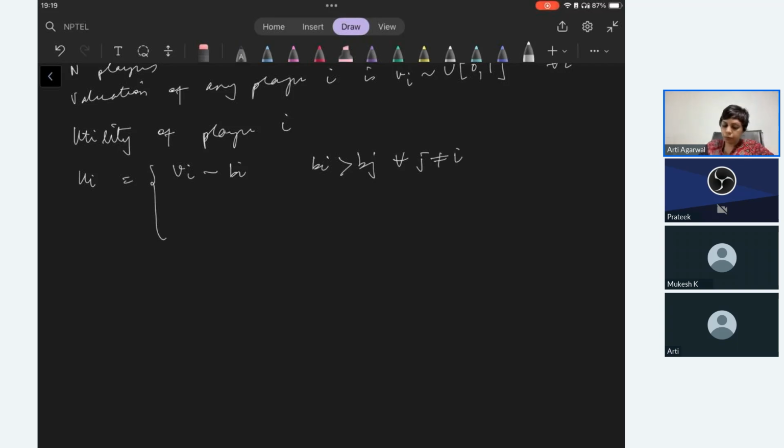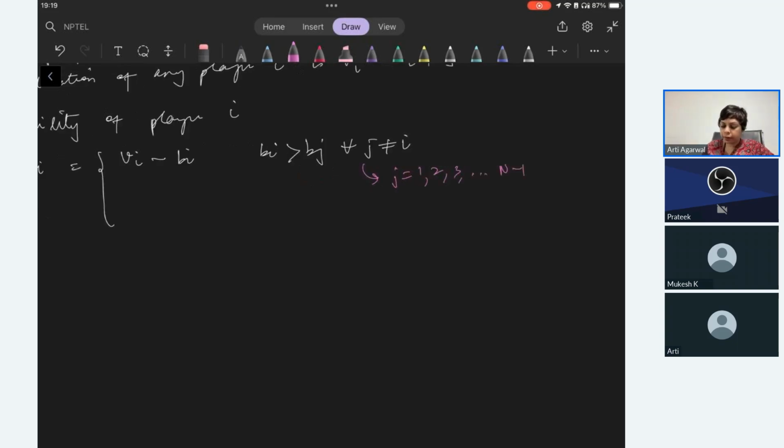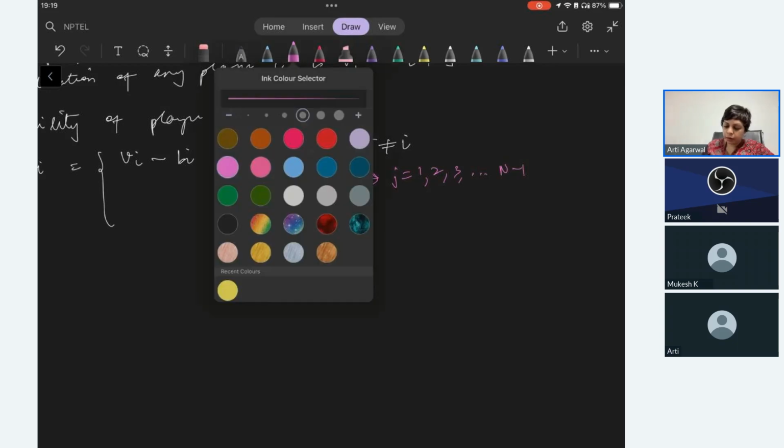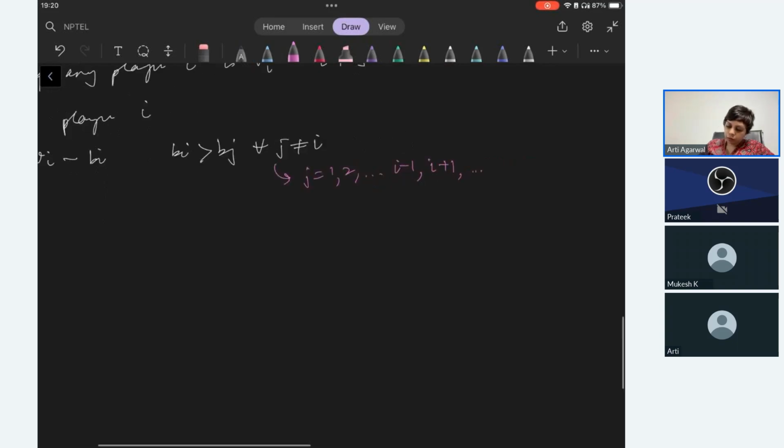Now I've written this in just one line for all j not equal to i, but what we mean over here is j is equal to 1, 2, 3, and so on up to n minus 1. And if you want to make it even more clear, you can write 1, 2, 3, and so on, i minus 1, i plus 1, dot, dot, dot, n.